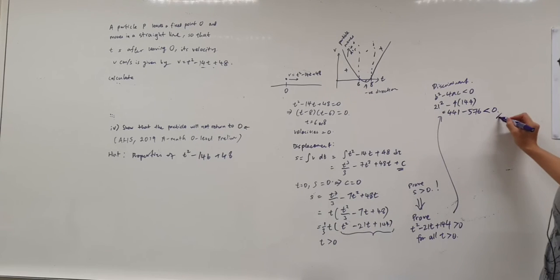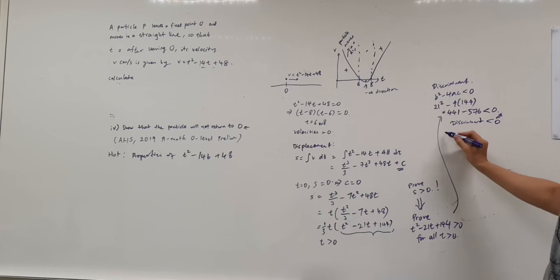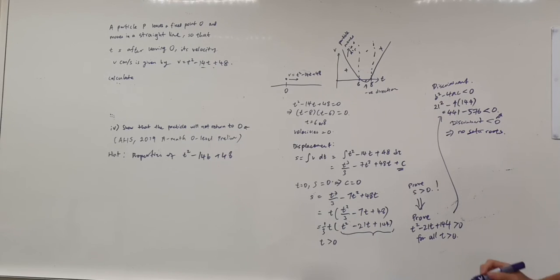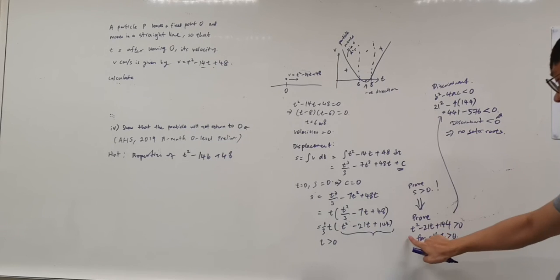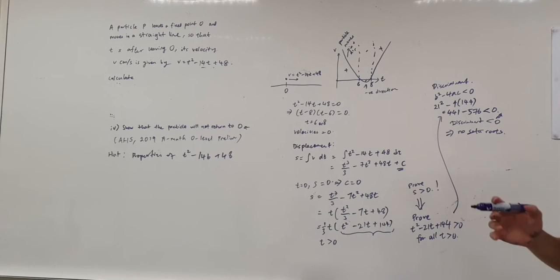So now we have proved that the discriminant is smaller than 0, which means there are no solutions, or no roots. Moreover, this is a U-shaped graph, since t squared has a coefficient of 1.